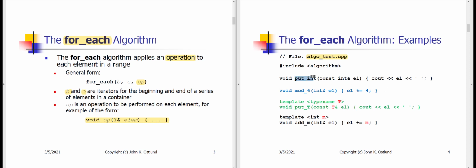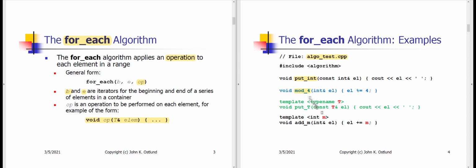First of all, I have just a very simple function, putInt, that receives a reference to an integer constant and simply uses cout to display that integer value with a space afterward. All right, so in this case, the putInt function promises that it's not going to modify the element that it receives by reference. Instead, it's merely going to print that element out to the user's terminal.